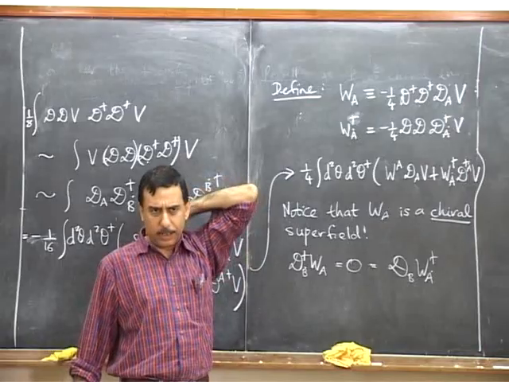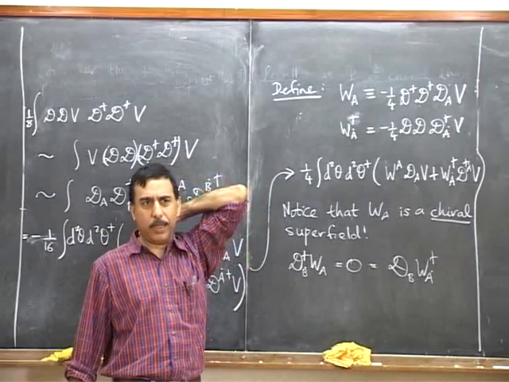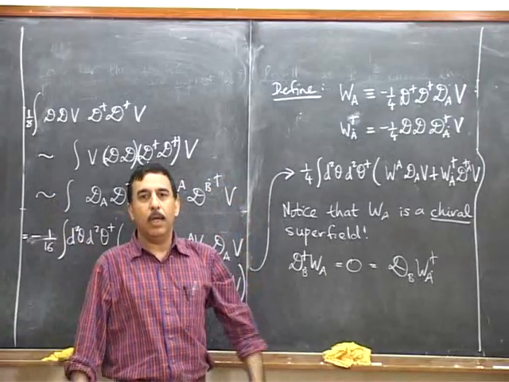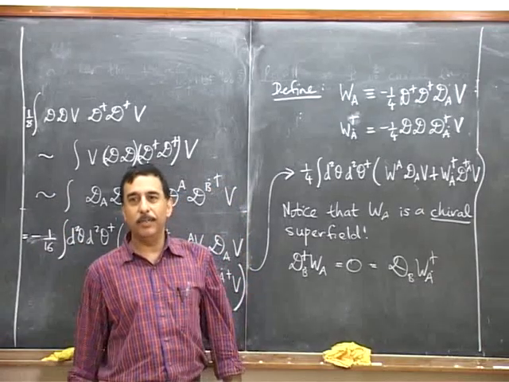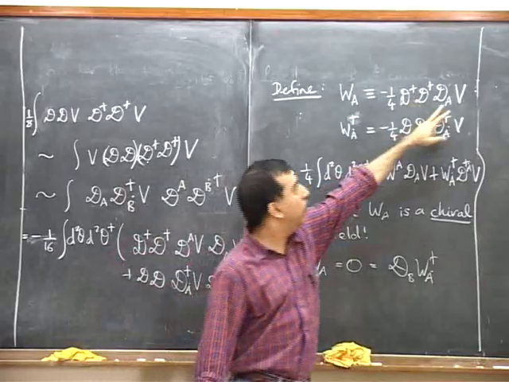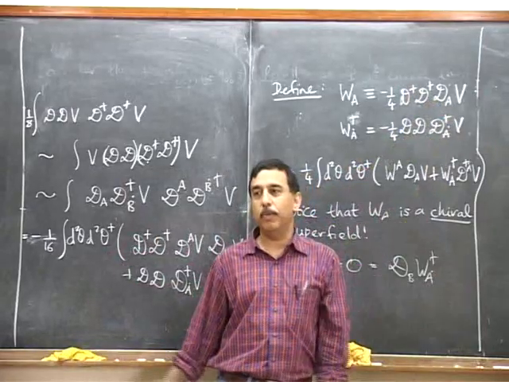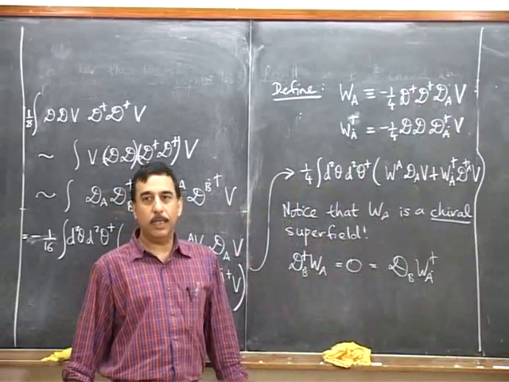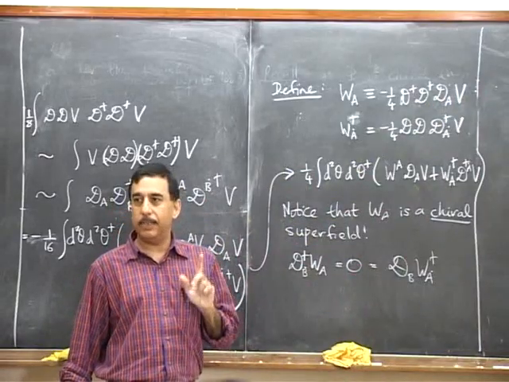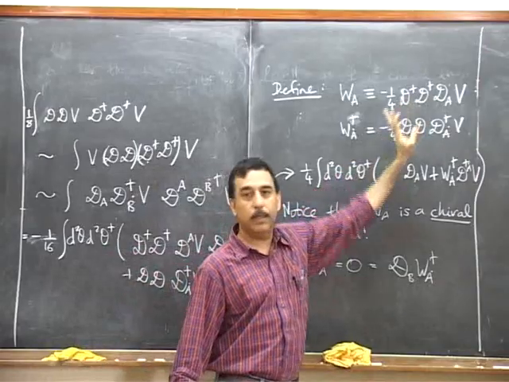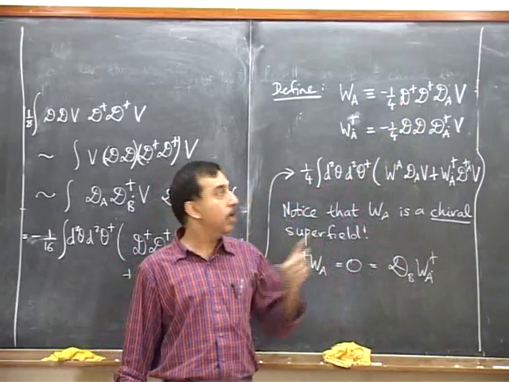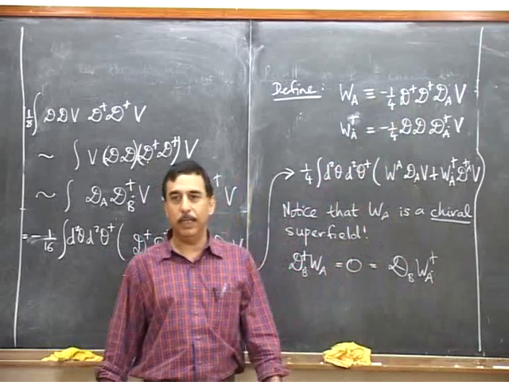One way to see that, which is not obvious because D dagger is made up of a del by del theta and a theta dagger del mu, is that by using this y variable, you can always take one of D or D dagger and shift it to be pure D by D theta. In other words, in the coordinates x theta theta dagger, D and D dagger are what I have given you, but in the coordinates y theta and theta dagger, one of these two simplifies, D or D dagger.